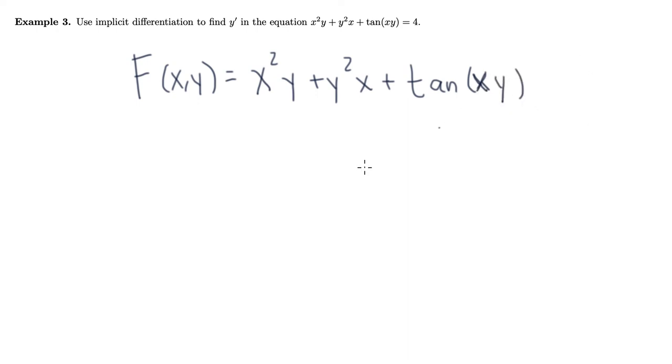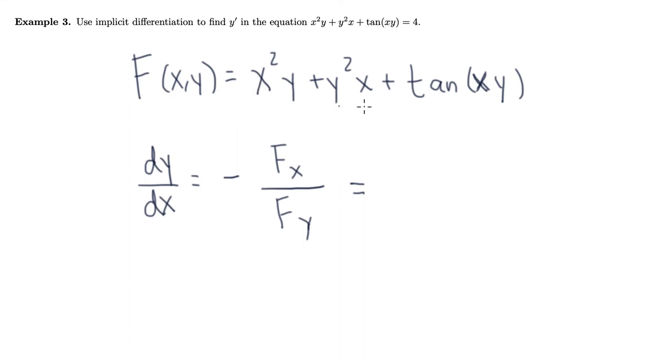Now why do I do that? Because if you recall what we said about implicit differentiation, dy dx is just minus the partial derivative of this with respect to x divided by the partial derivative of this function with respect to y. But this is a walk in the park.